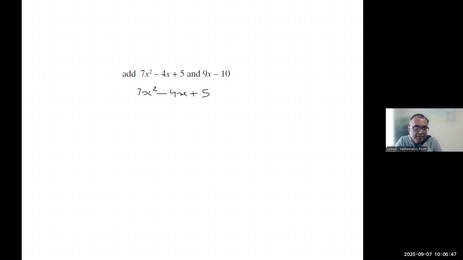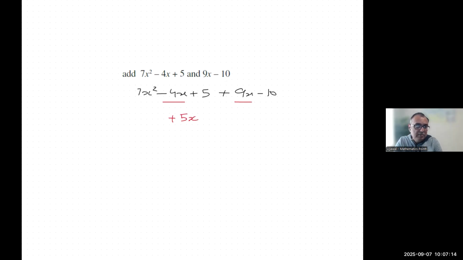And I need to add, that means plus 9x minus 10. So my like terms are, if I change the color, 4x and 9x, negative 4x and positive 9x makes it a positive 5x.